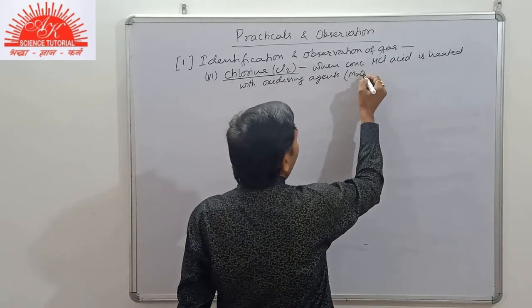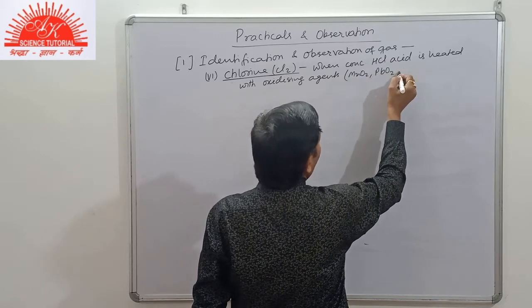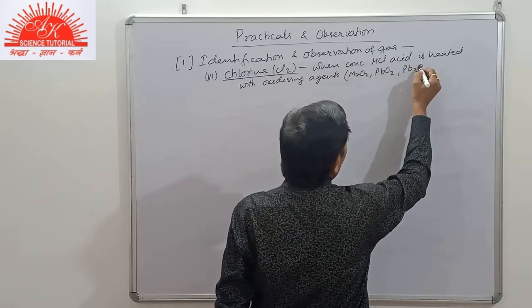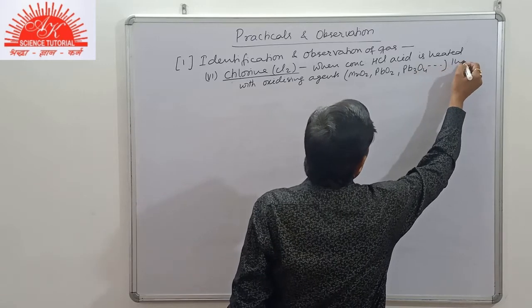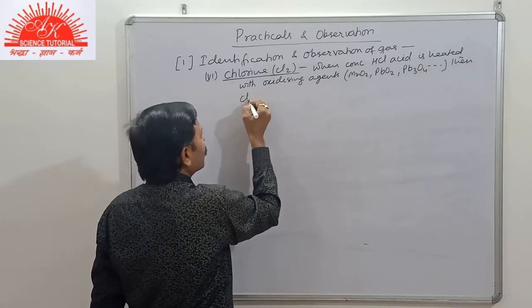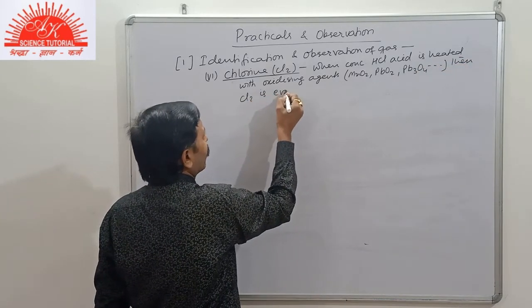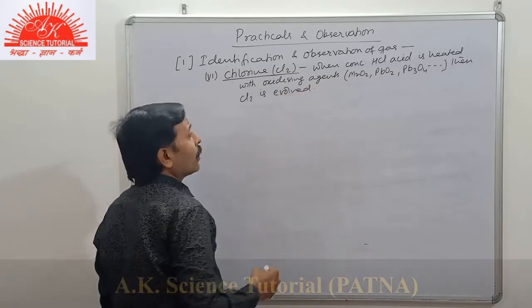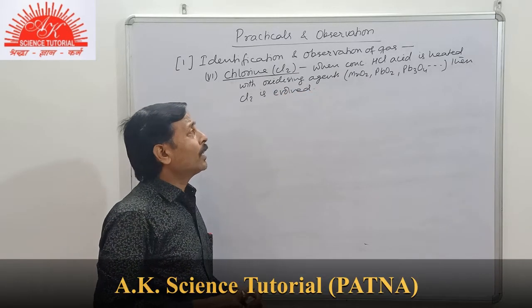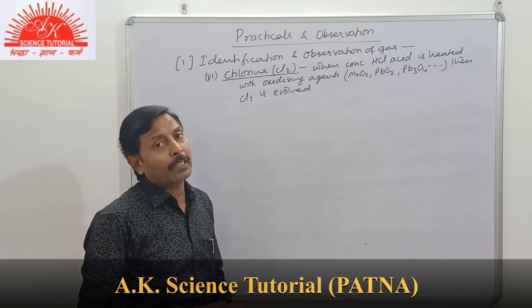It may be MnO2, PbO2, Pb3O4 and so on. Then Cl2 is evolved. So this is the simple method to obtain chlorine gas in laboratory.